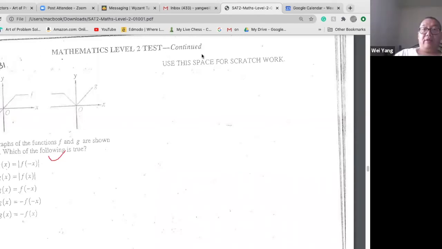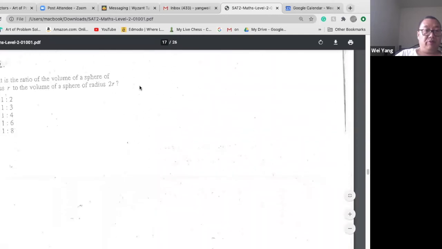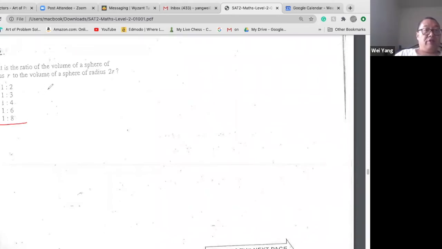Okay, now let's go to 32. E. What's the answer for 32? E, okay. What is the ratio of the volume of a sphere of radius r to the volume of a sphere of radius 2r?